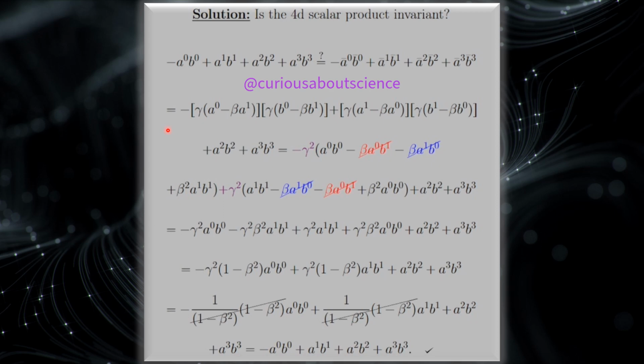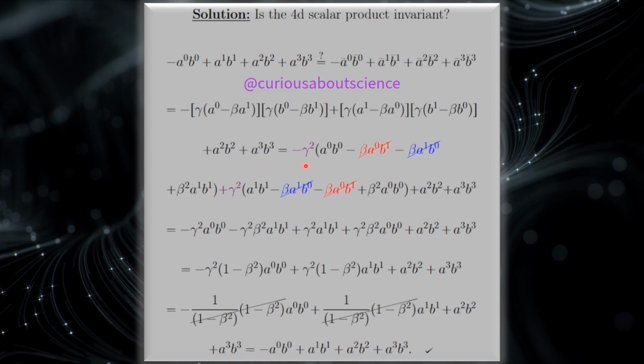Well, we know how the zeroth component transforms for A, B, and the x component for A1, B1. But clearly we see that the 2 and 3's don't do anything. Remember, y bar goes to y, and z bar goes to z.